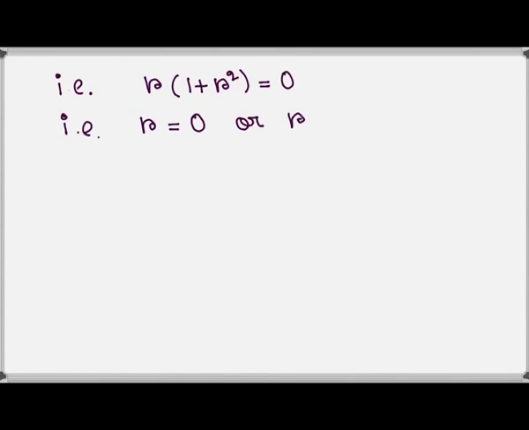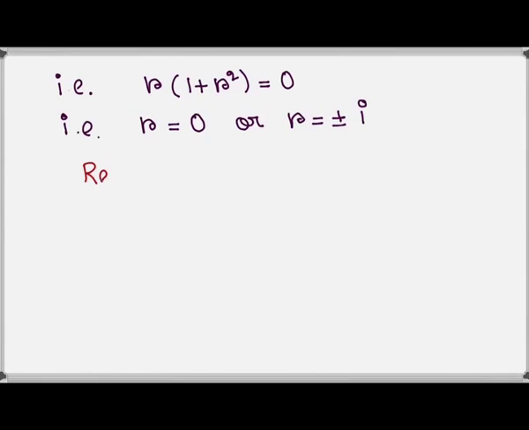That is, we shall have r into 1 plus r square is equal to 0. That is, we shall have r is equal to 0 or r is equal to plus minus i.